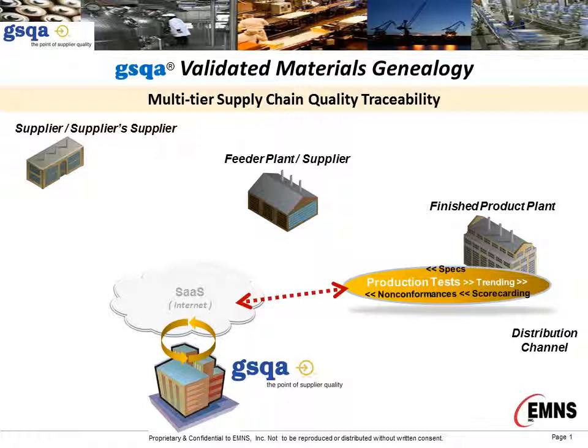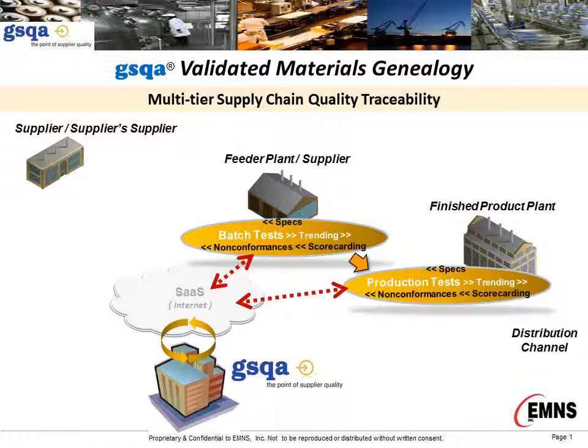Now that set of features and that scenario, including certifications and other regulatory documentations, can be replicated across the supply chain. Here we show internal batch tests done the same way, that the handoff between processes or phases of production can be tracked in GSQA with the same sort of data capture and visibility.